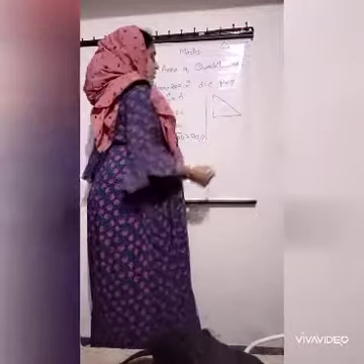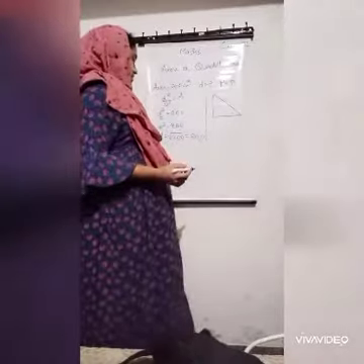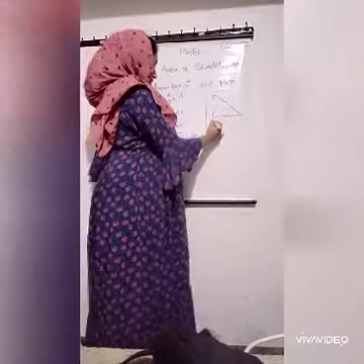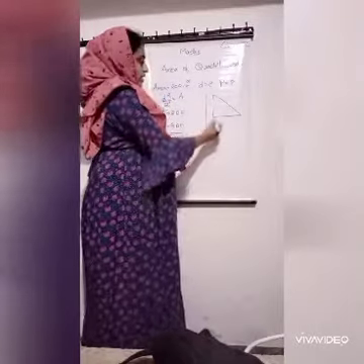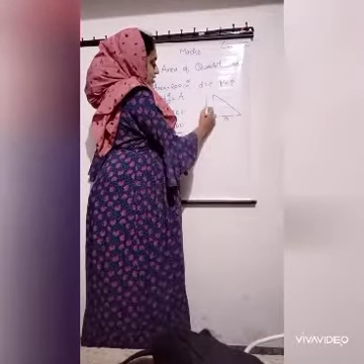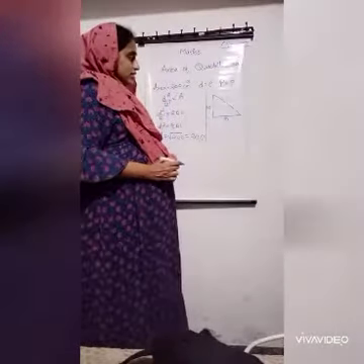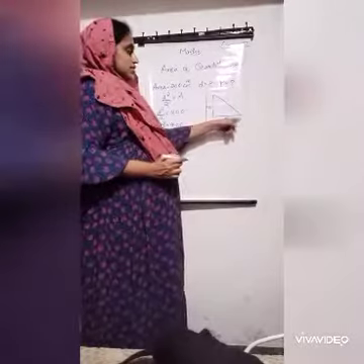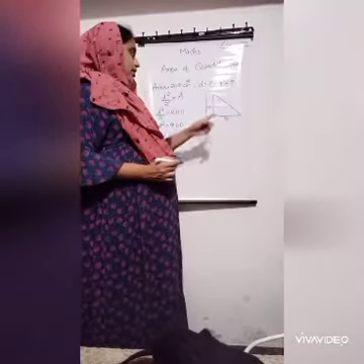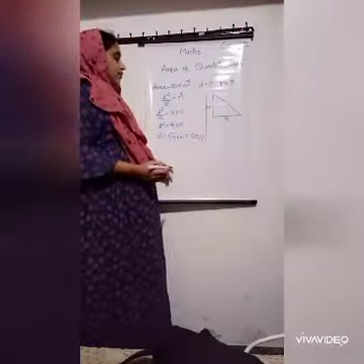We can divide the square into 4 equal triangles. Given that D is 20, so this length is 10 and this length is 10. Clear? This is base is D by 2, that is 10. Height is also D by 2, that is 10.